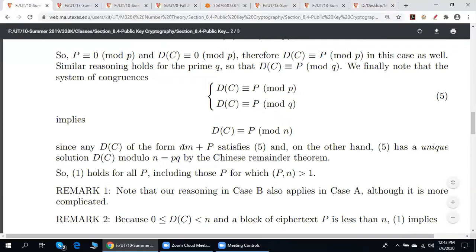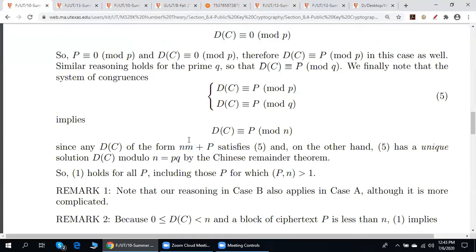So, this is a solution. This system has a unique solution. Therefore, d of c is indeed of this form, means d of c is congruent to p modulo n.